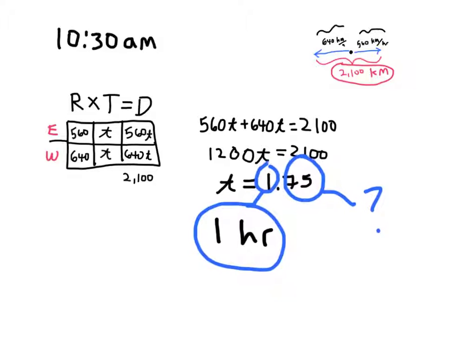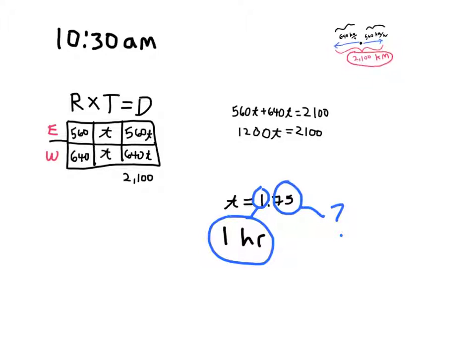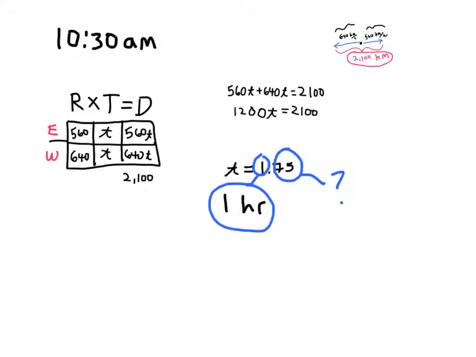Well, again, you're going to have to recognize that 0.75 is a decimal. We have a whole number, and then we have this decimal being added to that whole number. It's literally 1 hour plus 0.75. And I'm just going to write that.